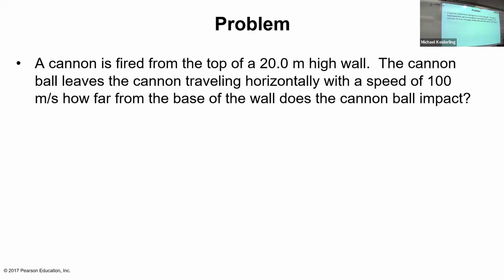A cannon is fired from the top of a 20-meter high wall. The cannonball leaves the cannon traveling horizontally with a speed of 100 meters per second. How far from the base of the wall does the cannonball impact? So this is asking that range question.